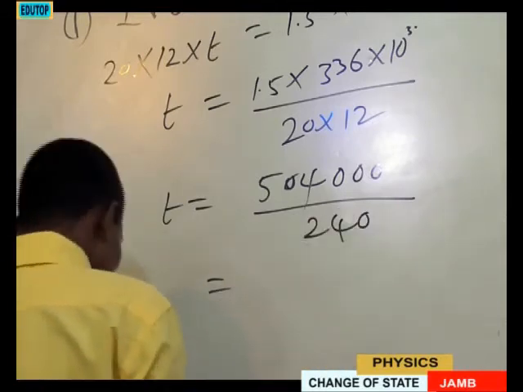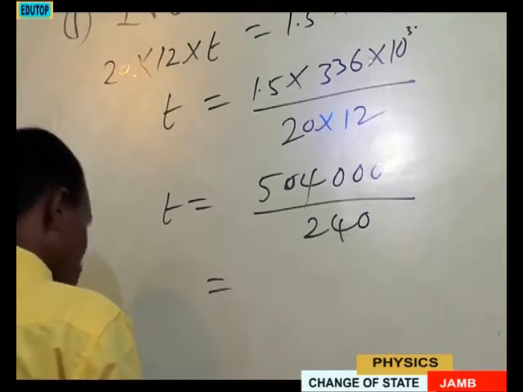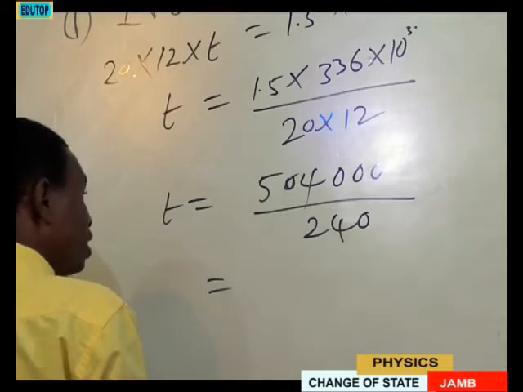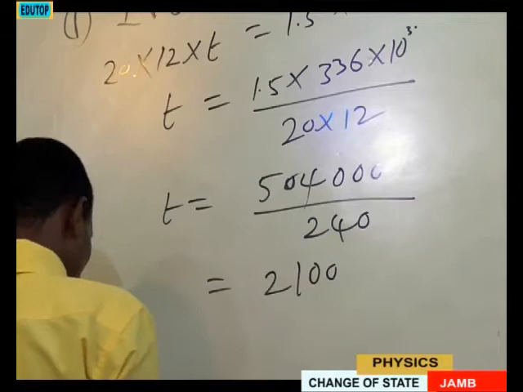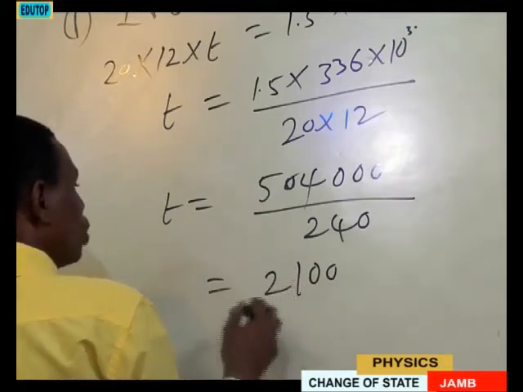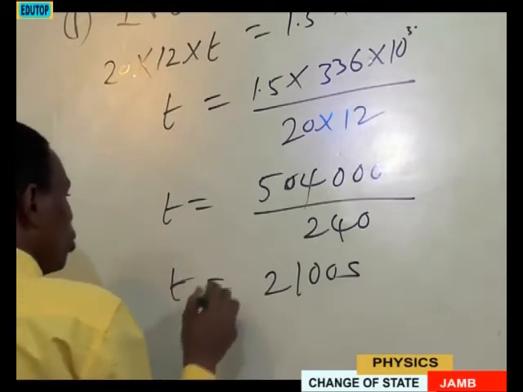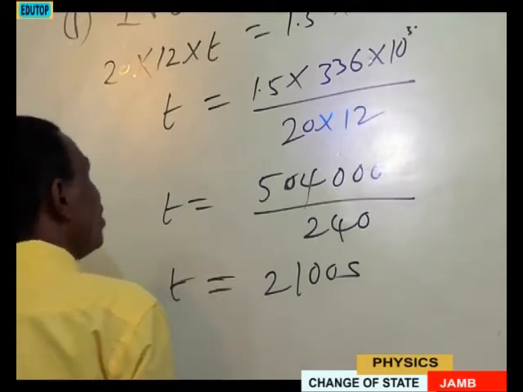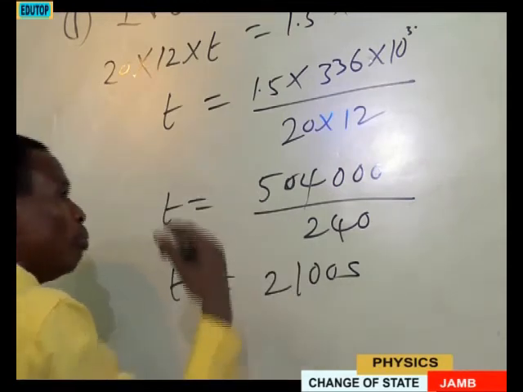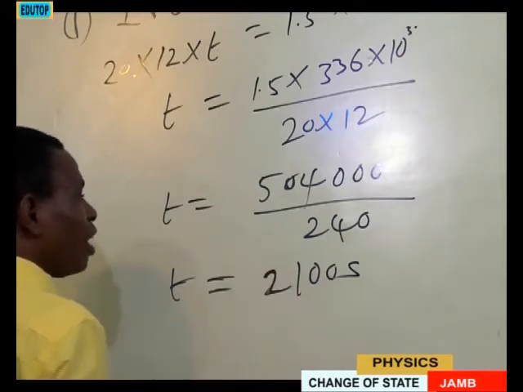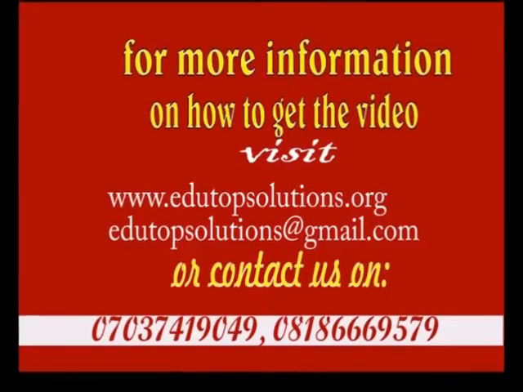Dividing, 504,000 divided by 240, we have 2,100 seconds, and that is the time the whole process will take, by the time the electric heater supplies heat to melt the block. That's the solution to question number 1.